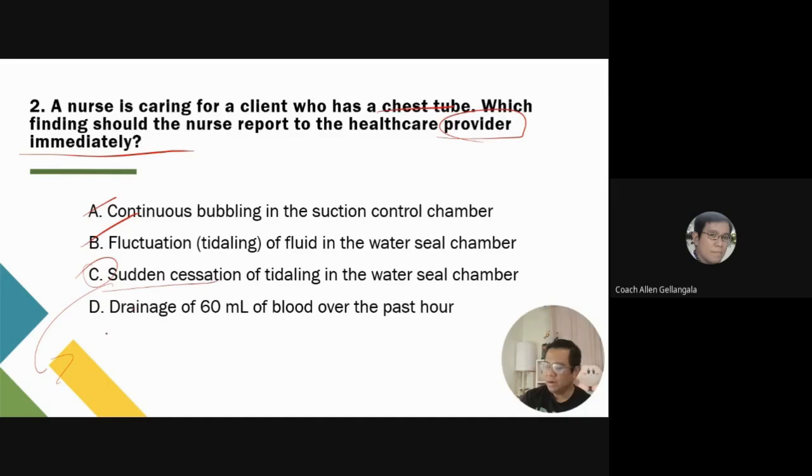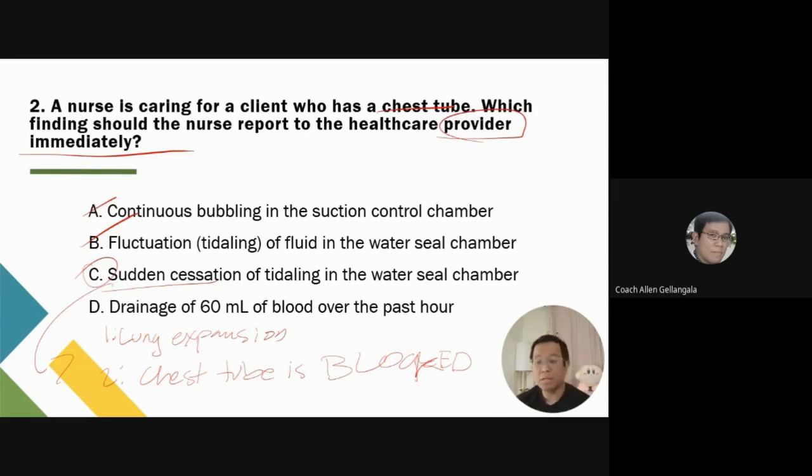Yes, because a sudden cessation could actually indicate two things. It is either the lung has expanded, or your chest tube is blocked. That's why you need to report it immediately to your provider.